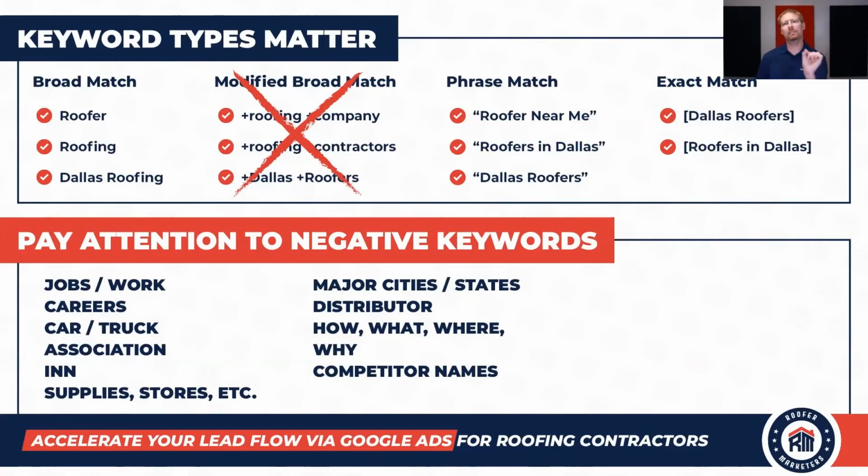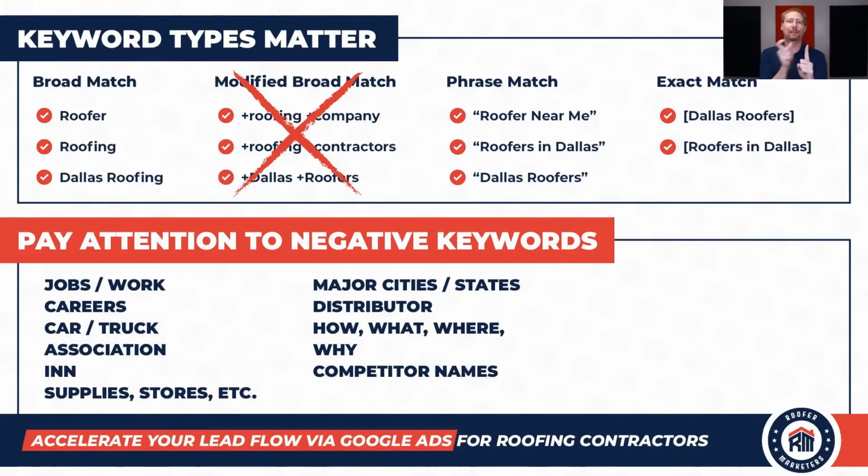The most challenging part, let me rephrase that. The most challenging part of phrase match with negative keywords for roofing is that everybody is called something roofing company, right? So now you have Integrity Roofing Company. You're bidding on a phrase match roofing company, right?